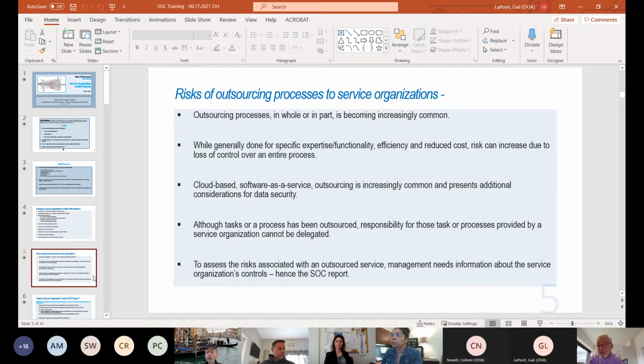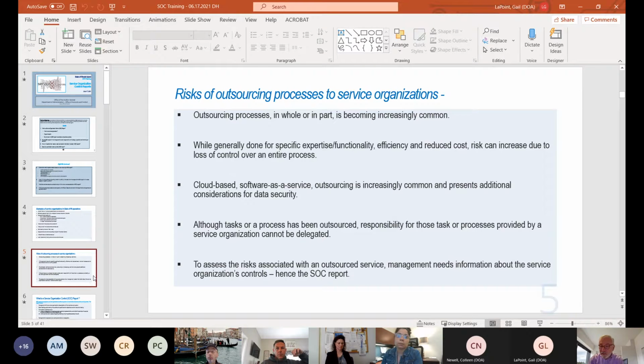We talked about the fact that the responsibility for those tasks remains, and that's where we're coming at it from an audit perspective. Those of you that have had an audit finding related to SOC reports, even though you've contracted and somebody else is handling this functionality for you, you can't completely separate yourself from what they're doing for you. You have to look at it from the whole continuum of the piece that is still within your control and how this delegated piece relates to the whole process and how you monitor that as well.